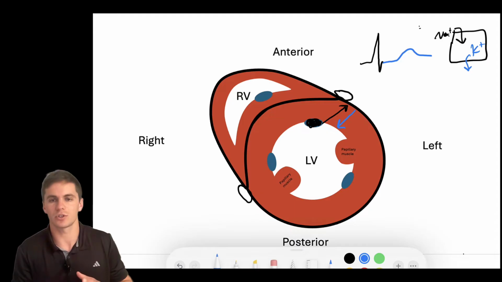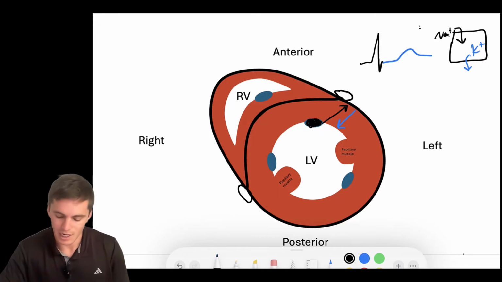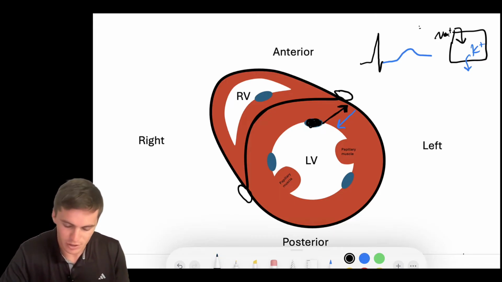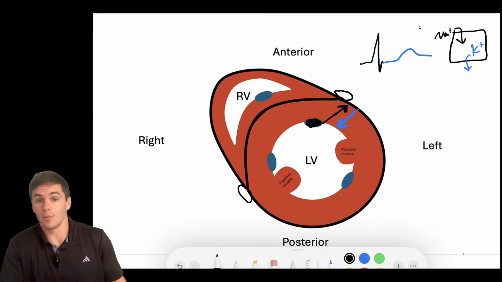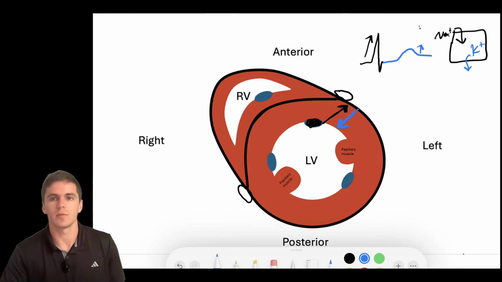Two different electrical events. One is positive charge going in, so sodium going in. The other one is potassium coming out, and they're happening in different directions from each other, creating opposite, but double opposites. So you get a QRS and a T wave that is generally in the same direction, right?